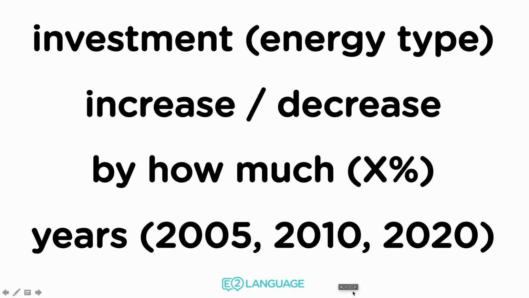One, investment or energy type: investment in gas, investment in coal, investment in nuclear, for example. Then you say, did it increase or decrease? Then you get specific and say it increased by 2.3%. When? In 2005, 2010, 2015.